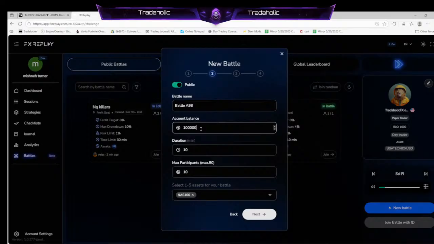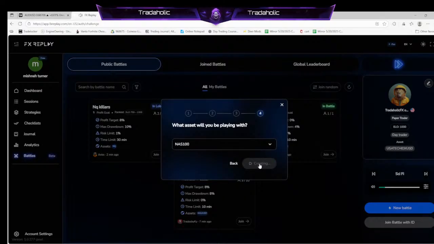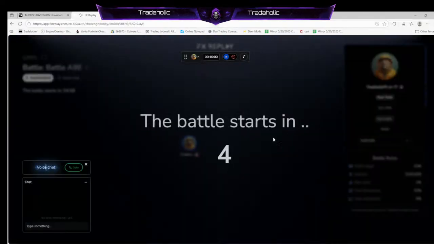Let's make it a 100K account just for GP. Max participants 1 because I just wanted it to be me. Next, let's make our profit target 10%. Let's make our max drawdown target 10%. Let's make our max daily drawdown 5%. Max risk per trade 1%, no more than that. And press next. Click create. It's going to put you at a random point in price in NAS 100. Right?